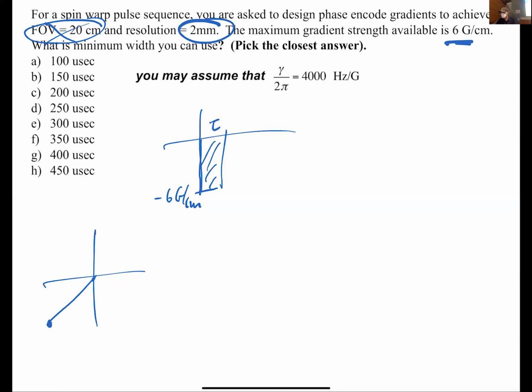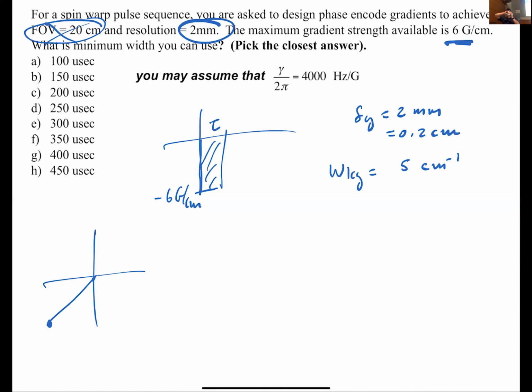So my delta y is equal to 2 millimeters, or 0.2 centimeters. So I know my W_ky is equal to 1 over that, so that'd be 5 inverse centimeters. And the other thing I know is that minus 6 Gauss per centimeter just gets me half of that.